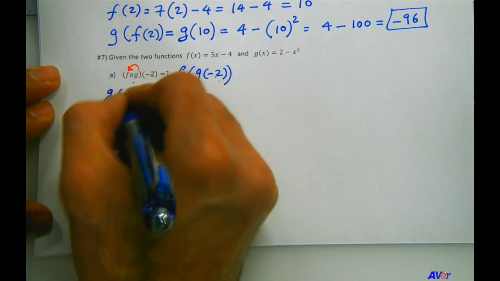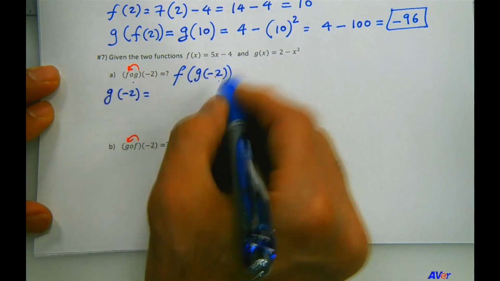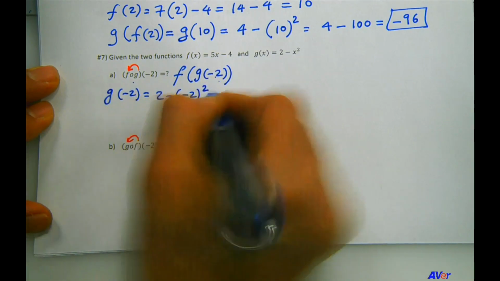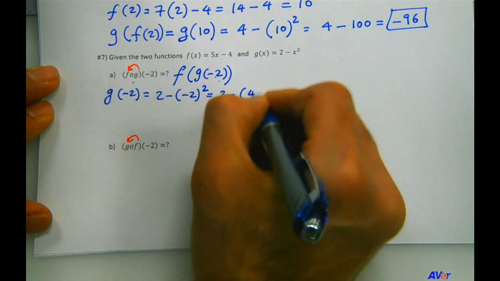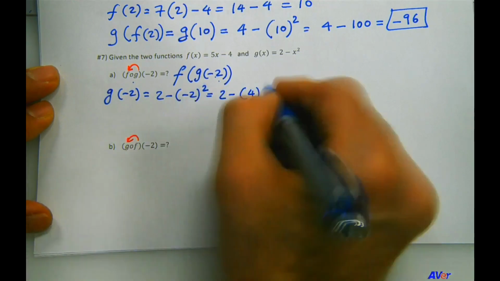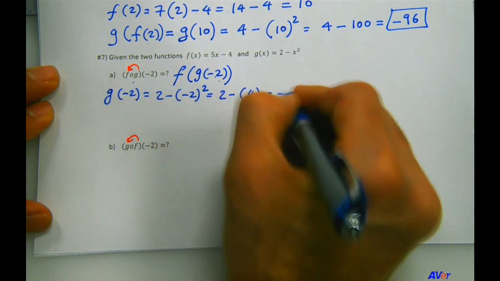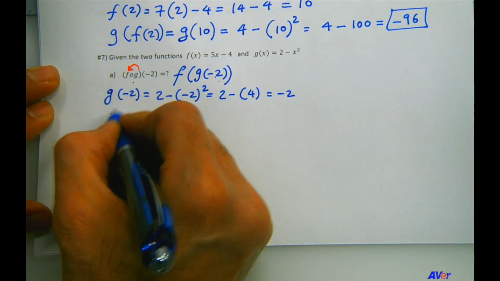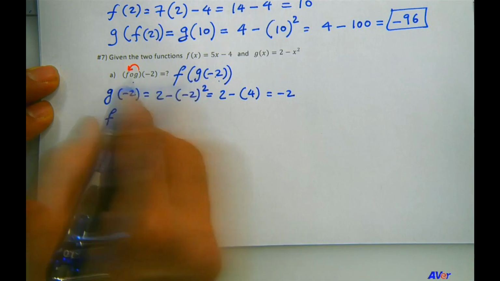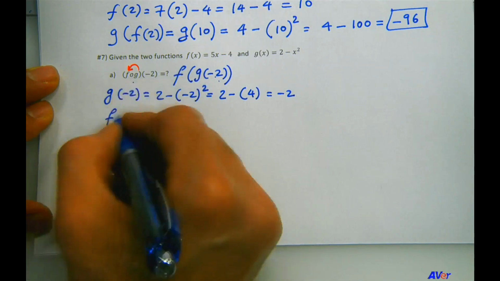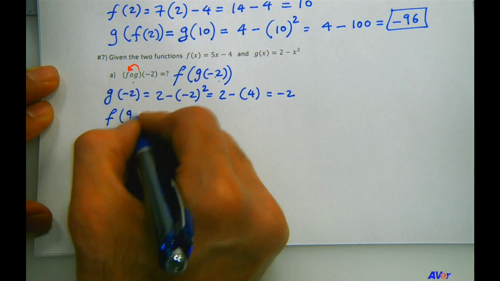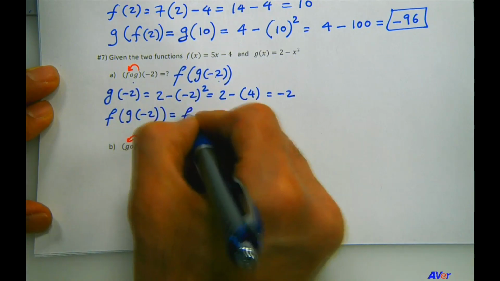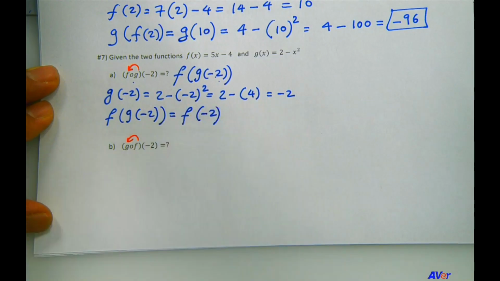So g at -2 is equal to 2 minus -2 squared, 2 minus 4, right? -2 squared is 4. 2 minus 4 is -2. So that is equal to f at -2.